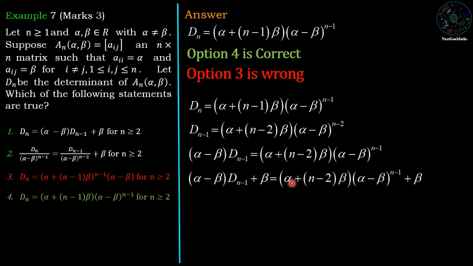Then we have the expression (alpha plus n minus 2 beta) times (alpha minus beta) power n minus 1, which is not equal to (alpha plus n minus 1 beta) times (alpha minus beta) power n minus 1, therefore it is not equal to Dn. Hence alpha minus beta times Dn minus 1 plus beta is not equal to Dn. So option number 1 is wrong.